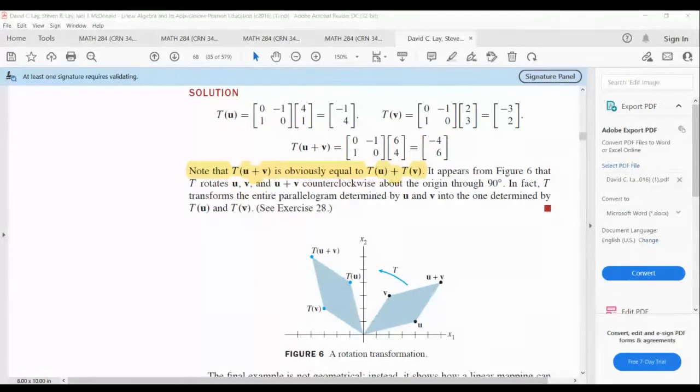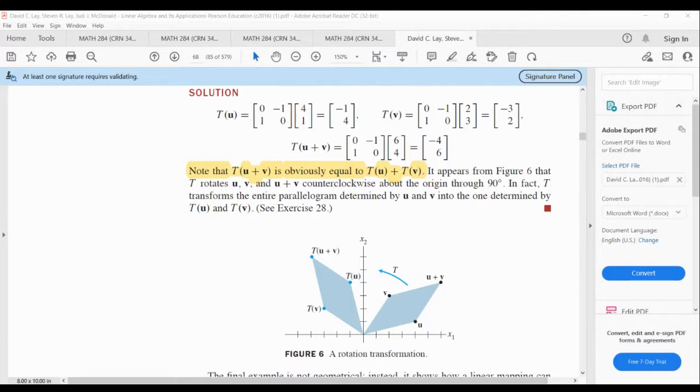And you transform the vectors, so you have that parallelogram on the right. You're transforming that parallelogram to a parallelogram rotated 90 degrees counterclockwise about the origin. That's what you have there.